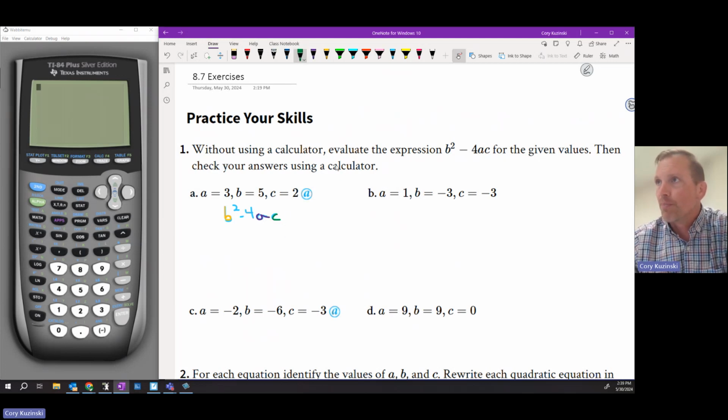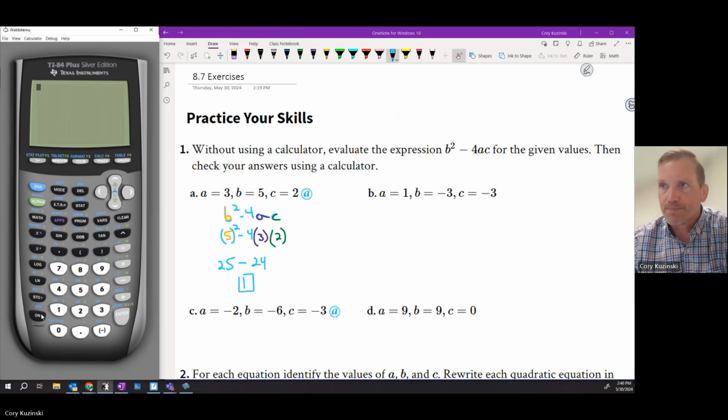So B squared is going to be 5 squared, minus 4 times a, which is 3, times c, which is positive 2. All right, so 5 squared is 25, and 4 times 3 is 12, times 2 is 24. That's 1.